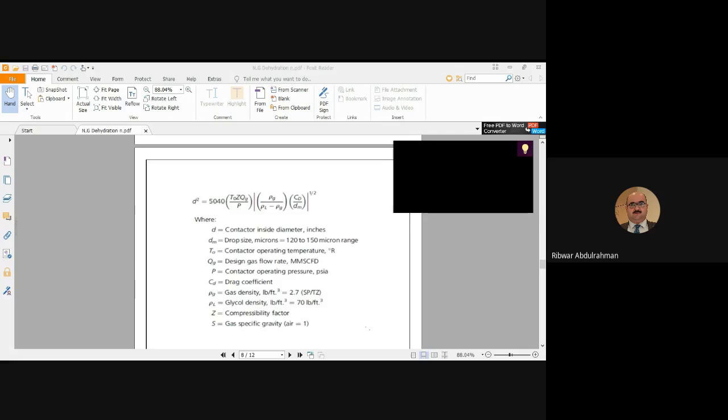Now it's very important to design the absorber tower used in the natural gas dehydration process. For that, we need to find out the diameter of the column.